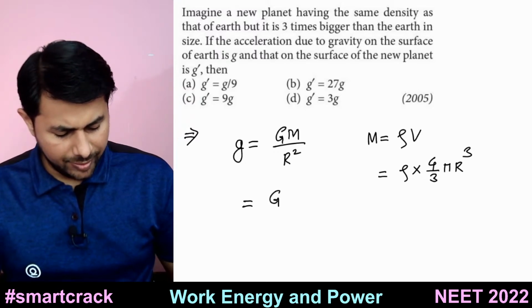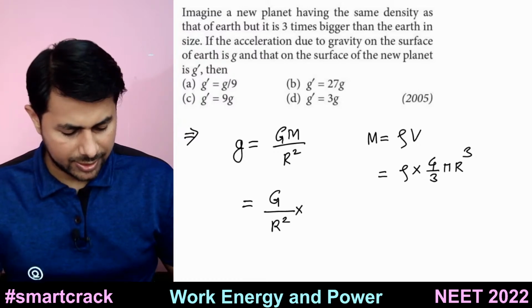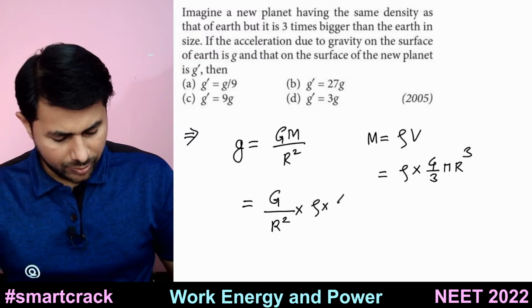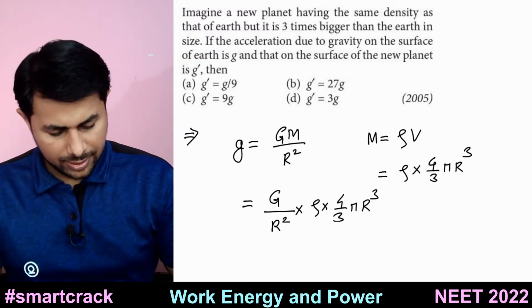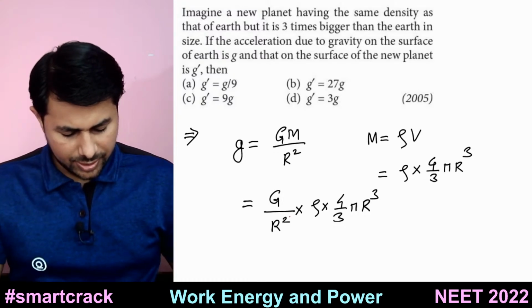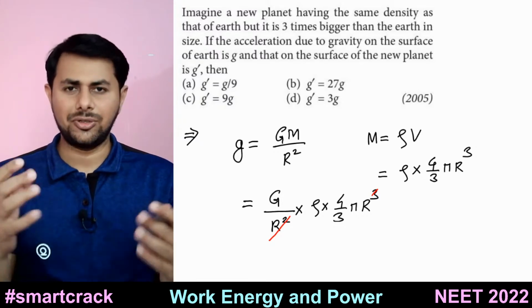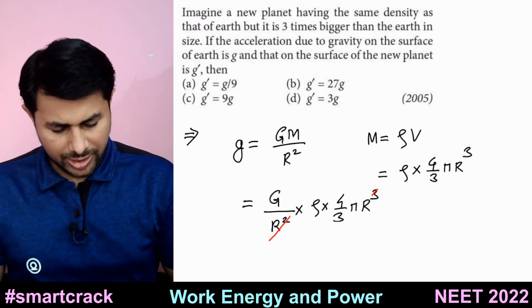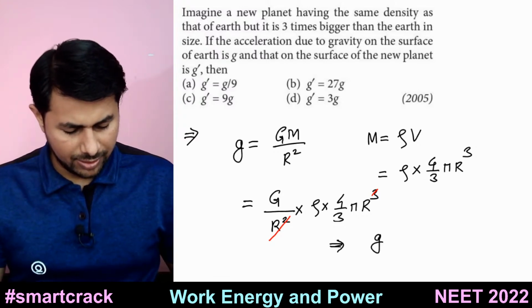We get G over r square multiplied by this mass, which is given by this formula, rho into 4 by 3 pi r cube, and there will be some cancellation. So r cube upon r square gives us r.